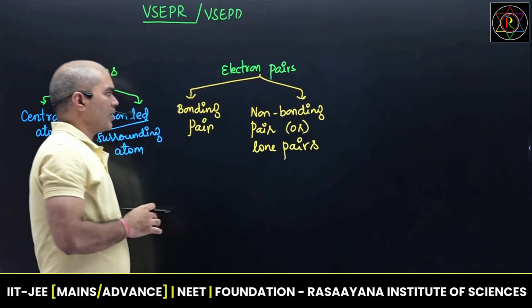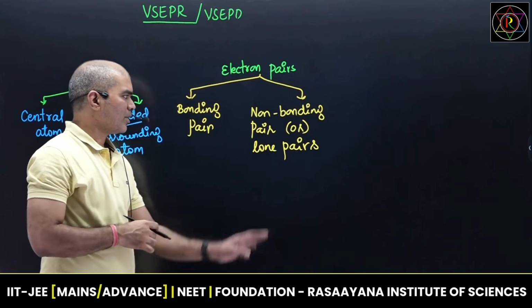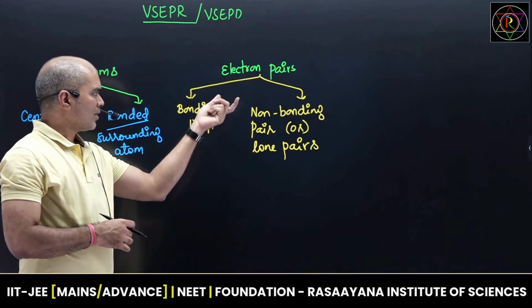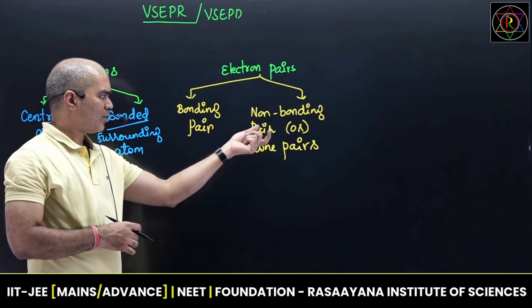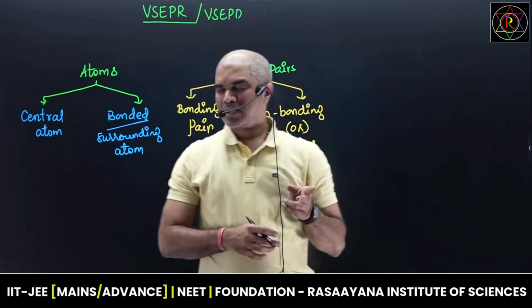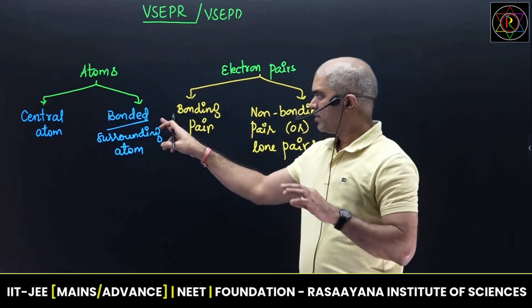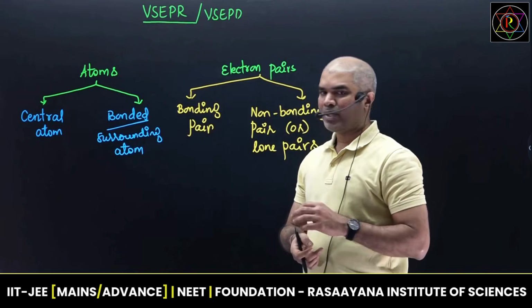In very few molecules there could be an odd electron, a single electron also, but most molecules will have lone pairs. So pairs of electrons I have classified into two types for convenience: bonding pair and non-bonding pair or lone pairs. For a given compound, atoms have been classified into two types. One I am calling the central atom, the other which is bound to that central atom are called bonded atoms or surrounding atoms.